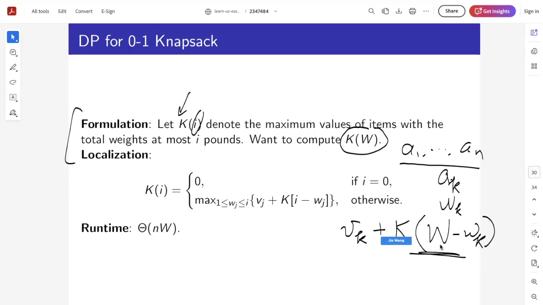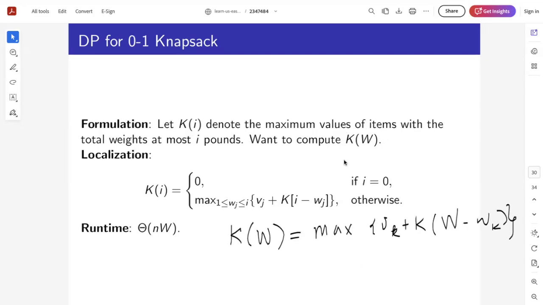So I don't know which K to choose, but I want to find it without looking at all possibilities. So what I'm going to do is look for K. K is between 1 and n, so look at all possibilities.